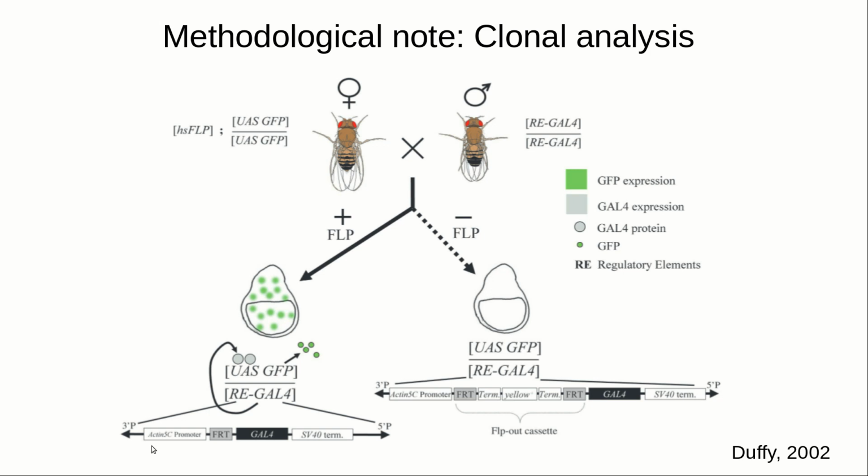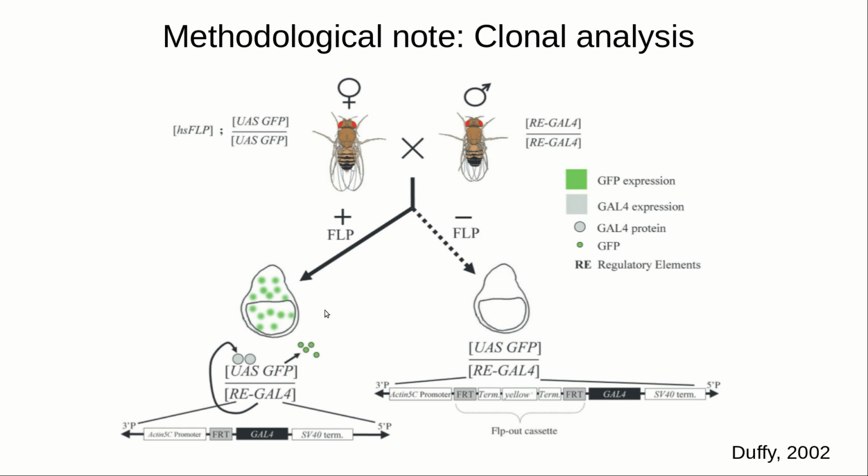So you get an excised cassette, like the one at the left, where the actin promoter can actually activate transcription of GAL4. Then GAL4 protein is produced, and GAL4 binds to the UAS sequence, and it activates the expression of whatever gene is under this.